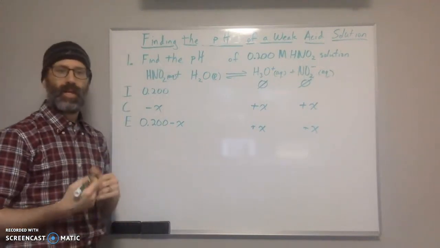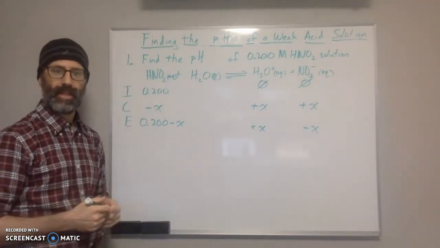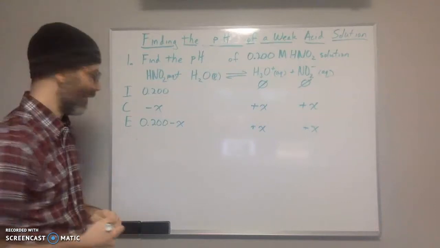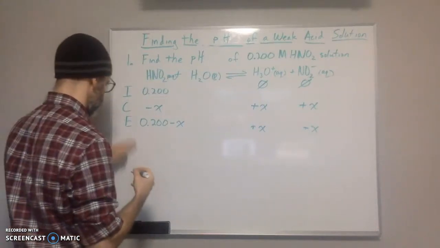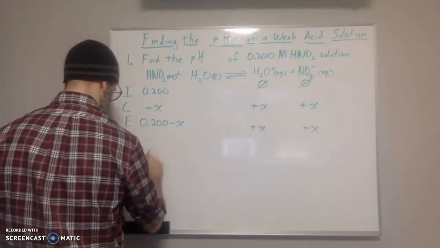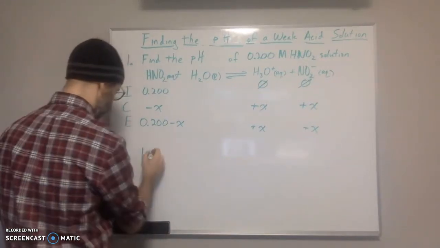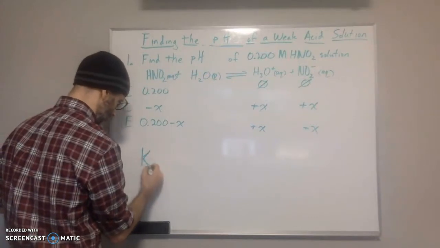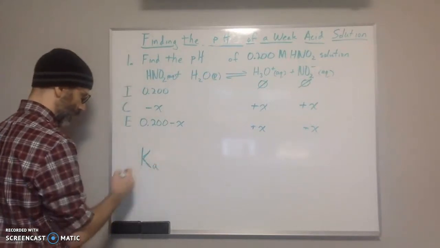So now we write out the equilibrium expression, our Ka expression, for the ionization of our acid.